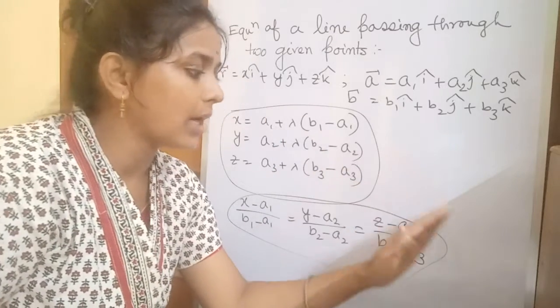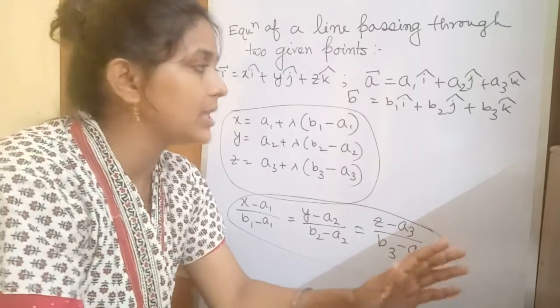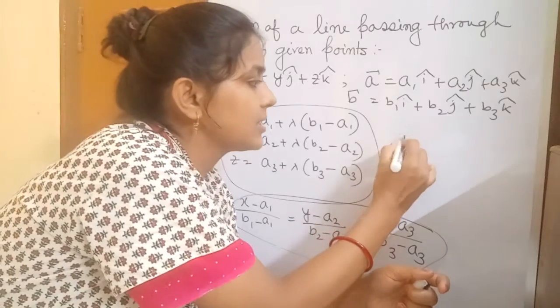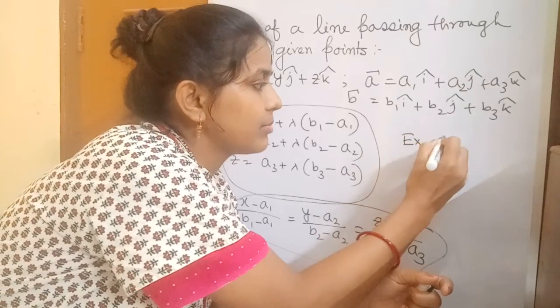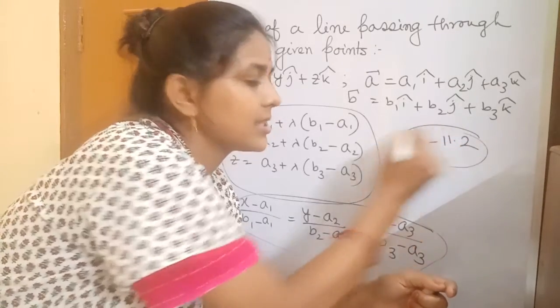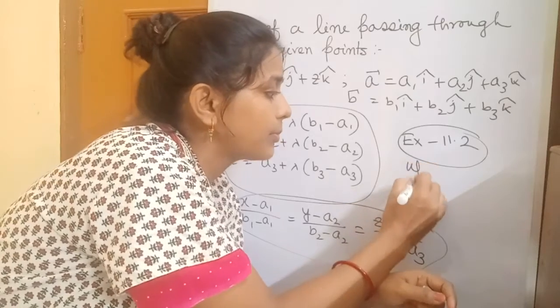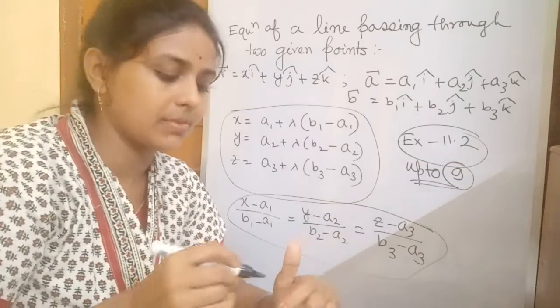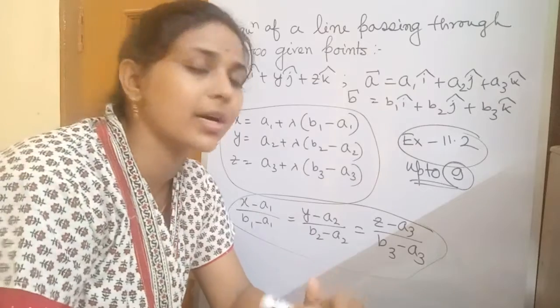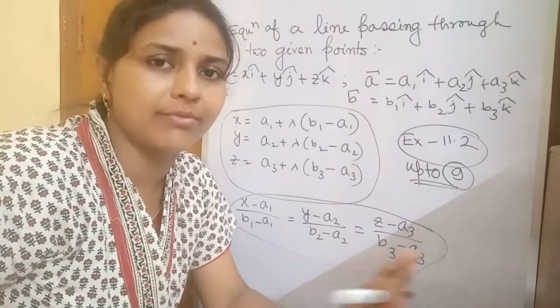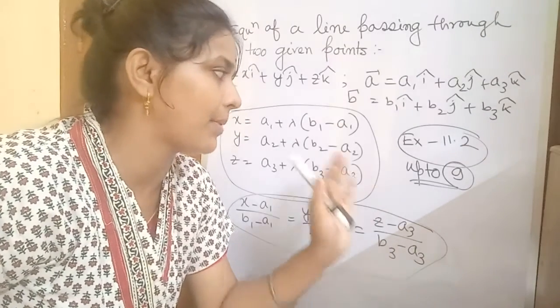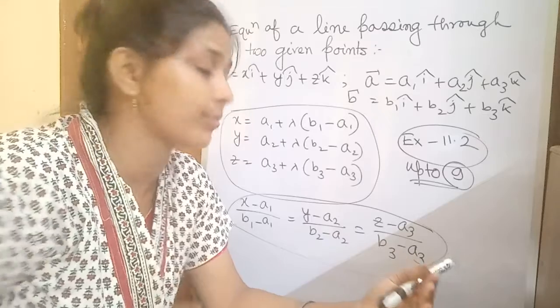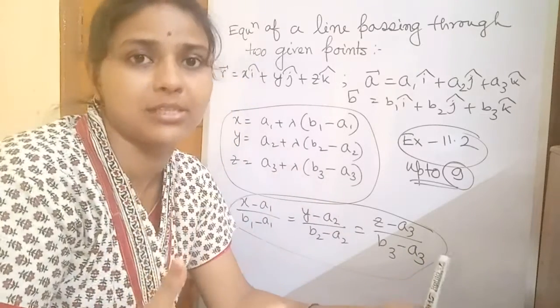But based on up to this, you can easily do exercise 11.2 up to question number 9. Up to question number 9 will be your homework, and this can be done very easily, just by applying the formula or the process that I discussed today.